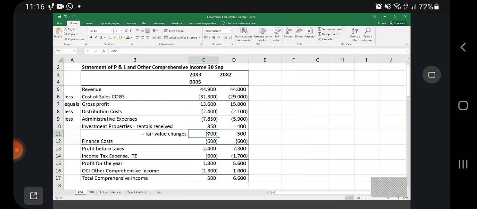What does that mean? At each ending of period, at each 31st of December, the company has a look at the fair value of each of the properties it has invested in and reflects the changes in fair value to include them in the result of the period, okay? Now that means that if we have an increase in the fair value, that will show as an income.